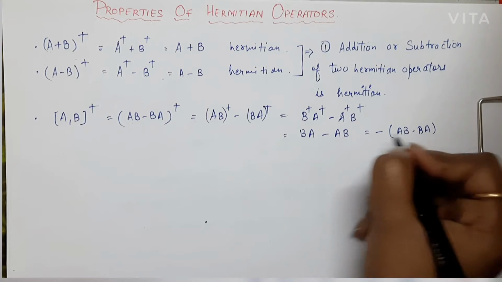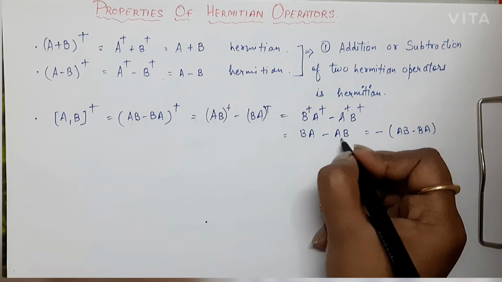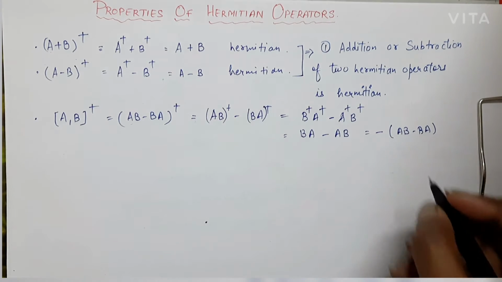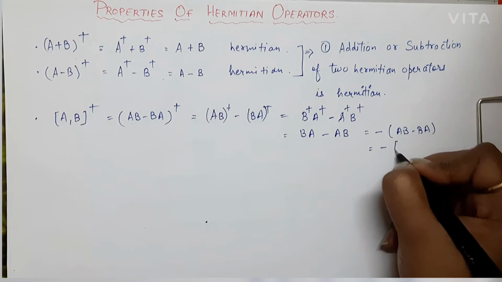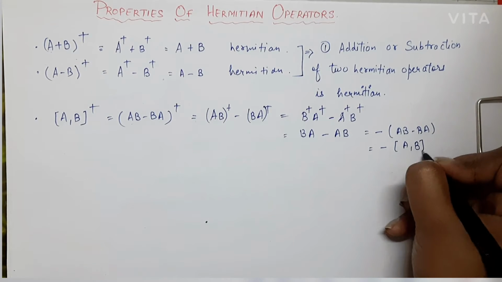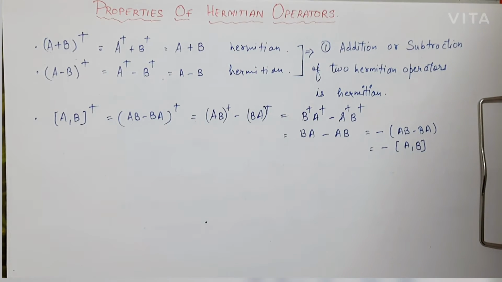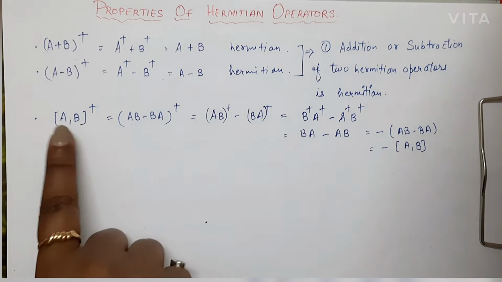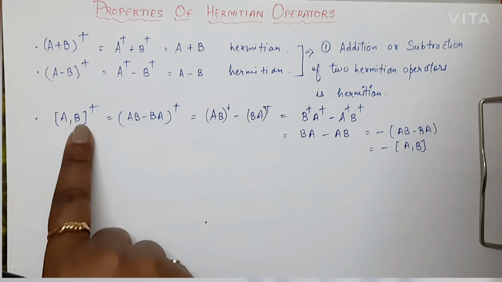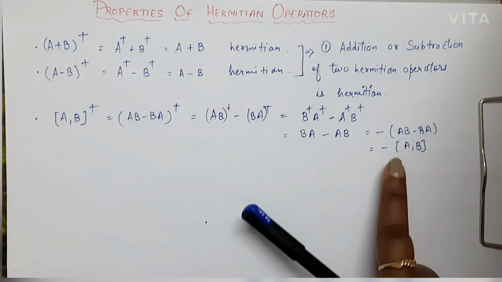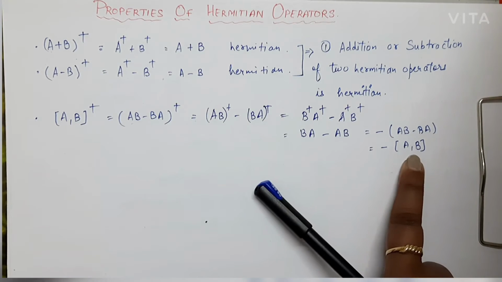The positive one will change into negative and the negative one will change into positive. So this is minus of the commutation of A and B, right? So here we solved the commutation dagger and we got minus of the commutation.